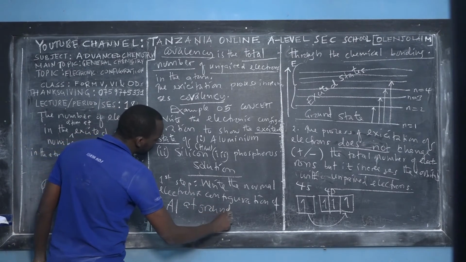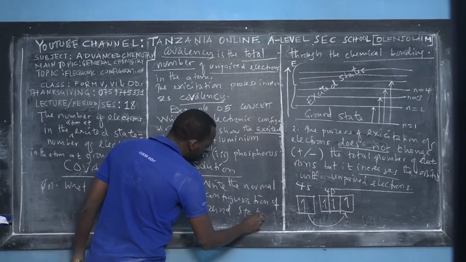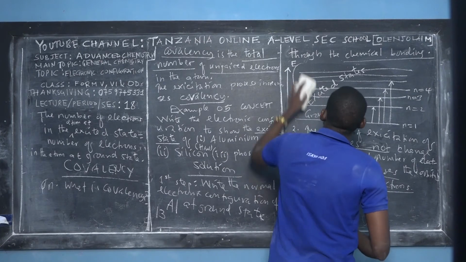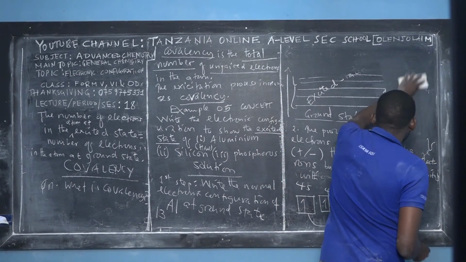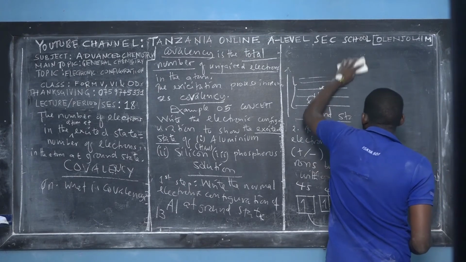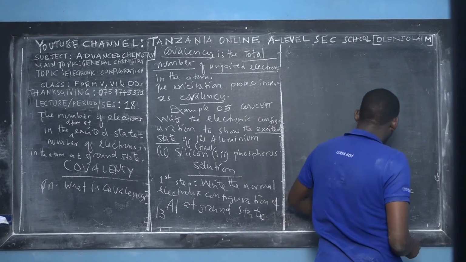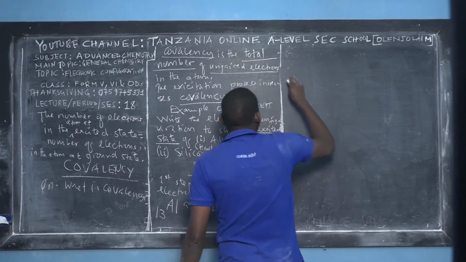So we write at the ground state means that we write the normal electron configuration. Then I will show you how you can use that normal electron configuration to deduce the excited state of that atom. Good. So how do we write?